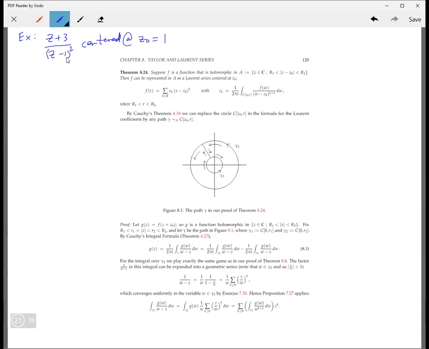The only bad point is this one right here, the one you want to center your Laurent series about. So if you do this, how can we make this numerator the same as that one? What can we add?